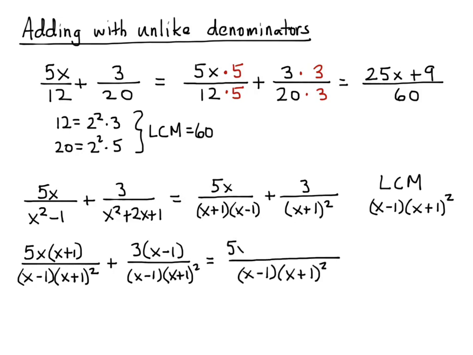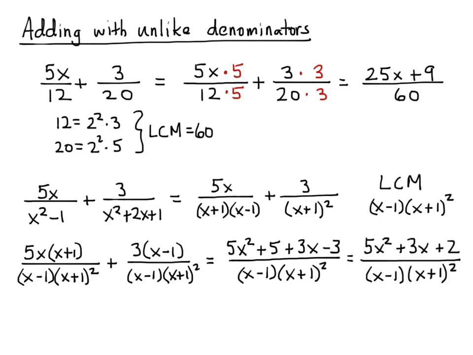And then I expand. This is going to be 5x squared plus 5x. Actually, I do correct this. Yeah, there it is. Okay, so 5x times 1 is 5x, and then I have 3x minus 3, so then I add up my like terms, the 5x and the 3x, and I get 5x squared plus 8x minus 3 over this.